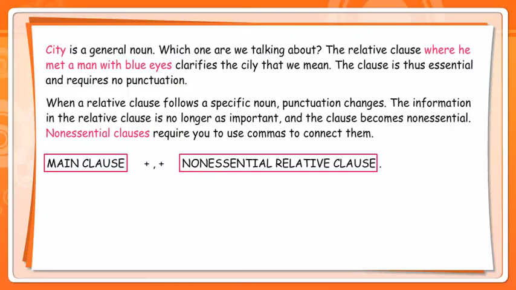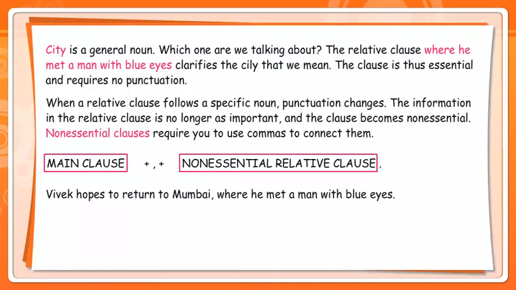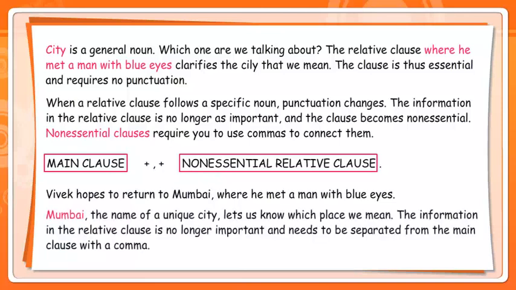"Vivek hopes to return to Mumbai, where he met a man with blue eyes." Mumbai, the name of a unique city, lets us know which place we mean. The information in the relative clause is no longer important and needs to be separated from the main clause with a comma.